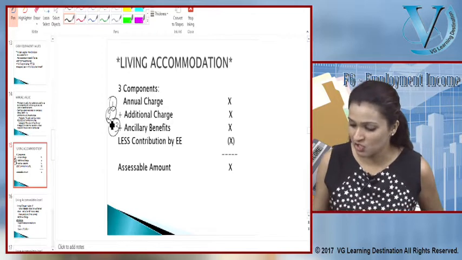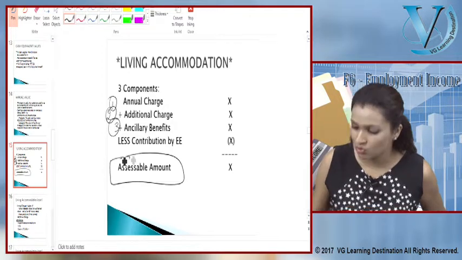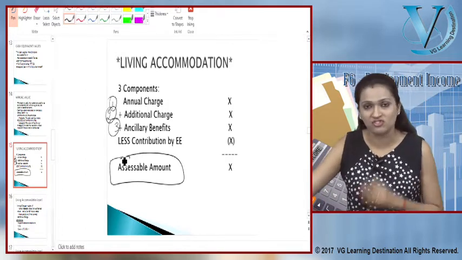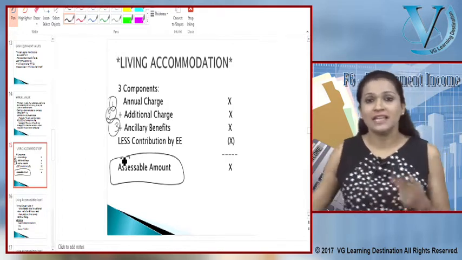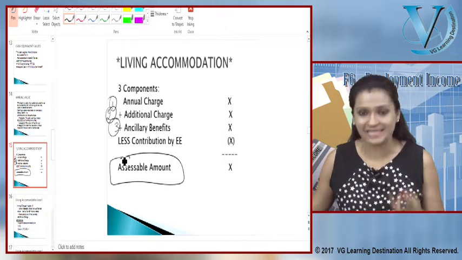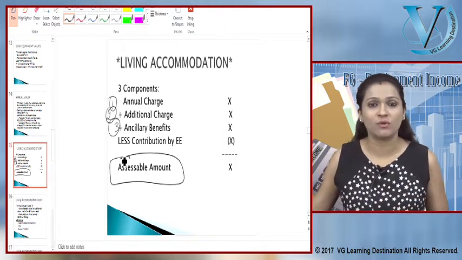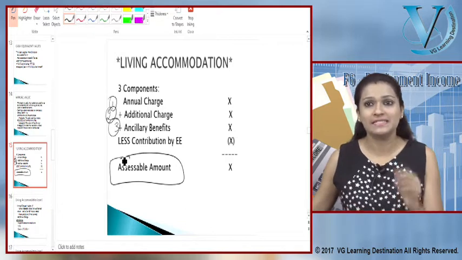The remaining becomes your assessable amount on the living accommodation. Now these 3 components, annual charge, the additional charge, and the ancillary benefits, what are these? Let's do each of these components one by one in detail.